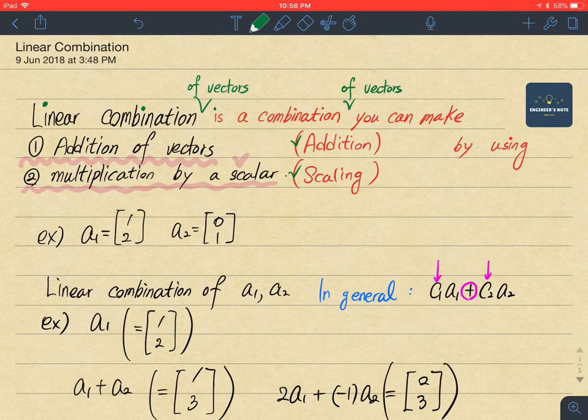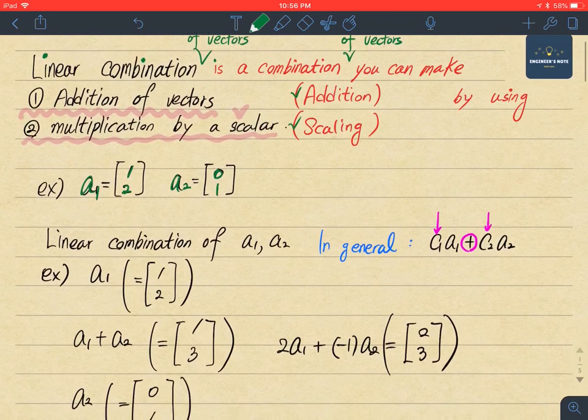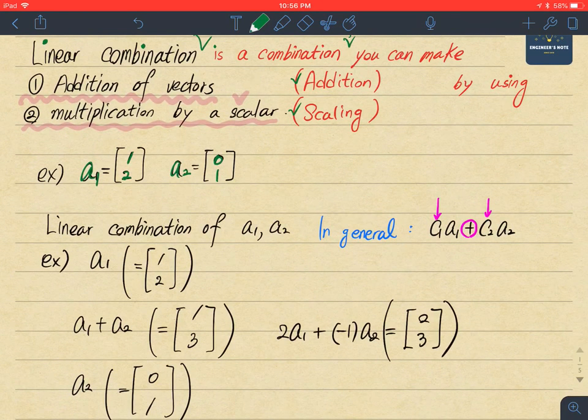So let's just take an example, right? So here are two vectors a1, a2, and they have only two components. So what are some linear combinations of a1 and a2? By using addition and scaling, you can express linear combination of a1 and a2 in general here, c1a1 plus c2a2.